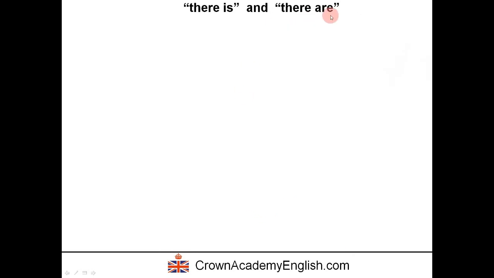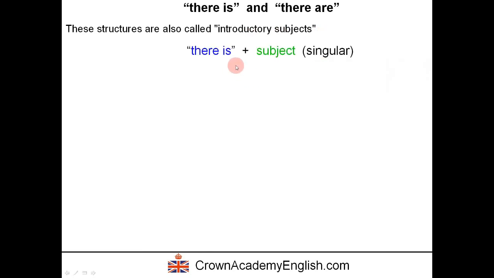There is and there are. And again, these structures are also called introductory subjects. There is followed by the subject. So this is the singular form. And the plural form is there are followed by the subject.